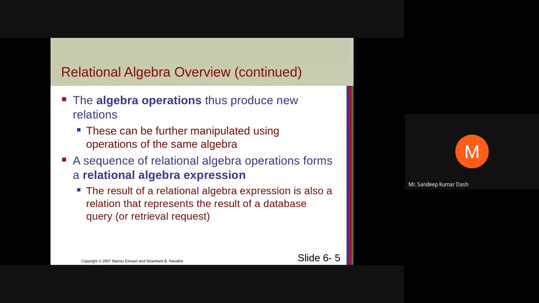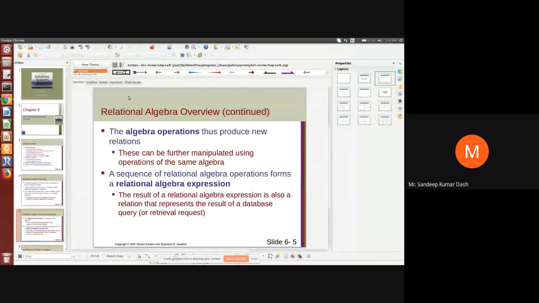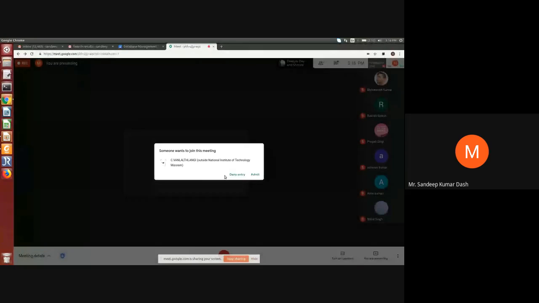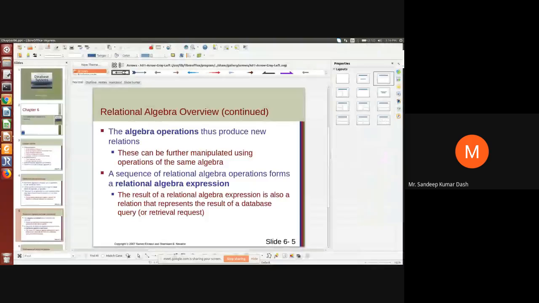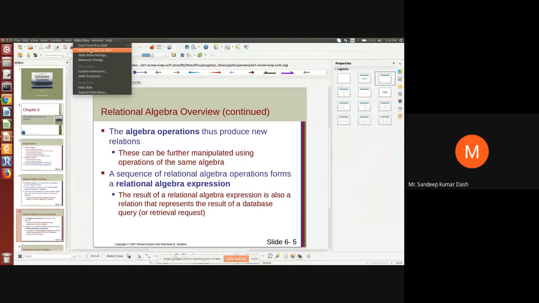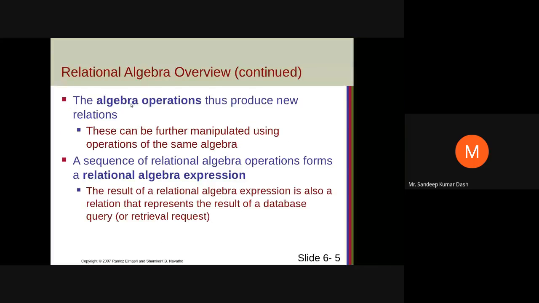Using this, you can get to know how it works as a sequence, that means how the query works on the database. Those things you can get to know. Then you can execute the query by directly writing the query commands.